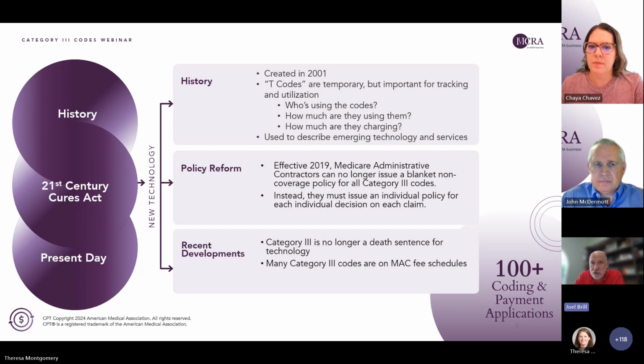Also, the thought process was that by having these codes that could be tracked, it could serve as a bridge to demonstrate utilization as one of the tenets for eventually seeking a Category I CPT code.